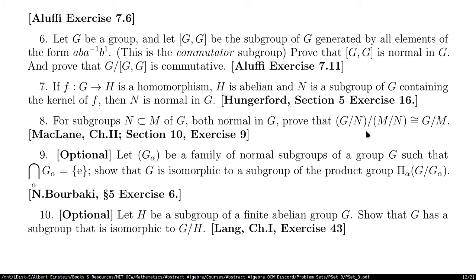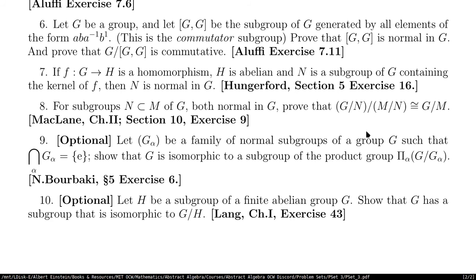Yeah, I think this problem 9 from Bourbaki looks like something that we can do with this, maybe. I'm not sure, because in that section I haven't gone through all the stuff, but I guess he hasn't given the first isomorphism theorem.